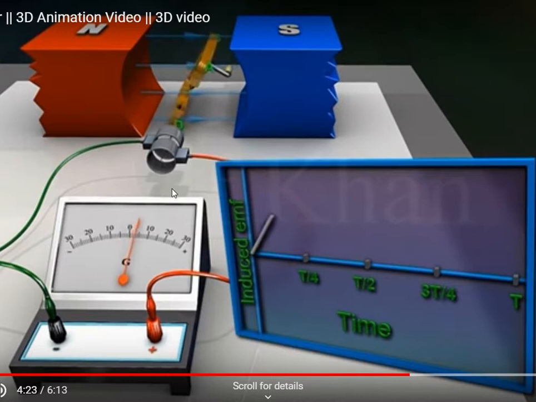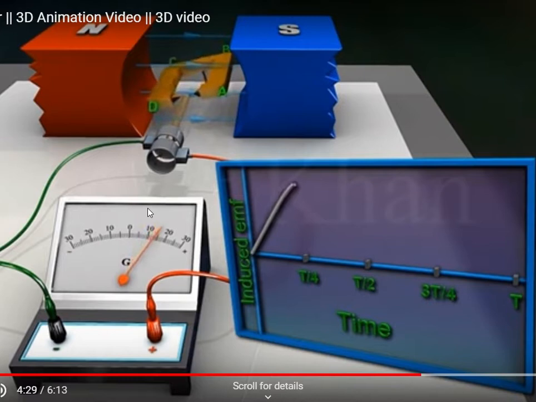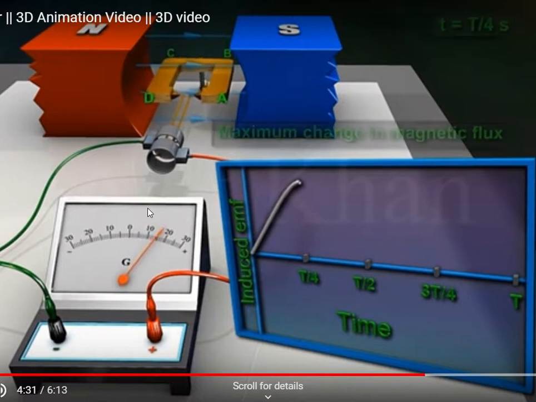the induced EMF increases. Then at time t upon 4 seconds, the armature becomes horizontal. In this case, the conductor becomes perpendicular to the magnetic field, so the maximum induced EMF is generated.